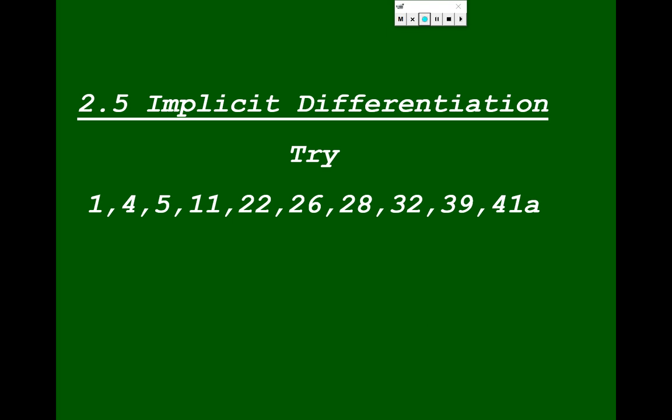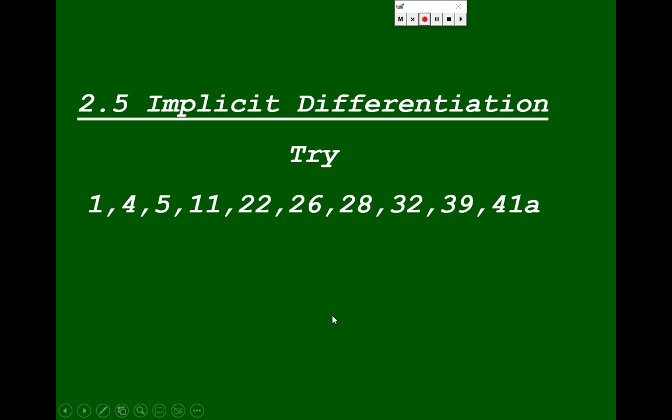I want you to try problems 1, 4, 5, 11, 12, 26, 28, 32, 39, and 41A. Just try a couple of the problems, see what you can do. Maybe you can do more than I can show you. But it's implicit differentiation, so these will not have y explicitly solved for it.